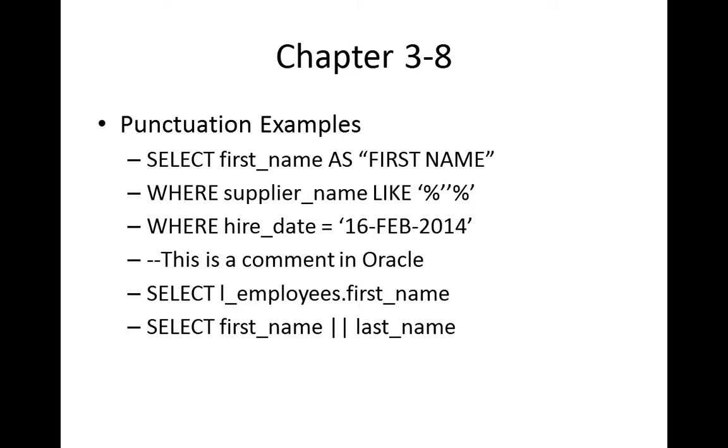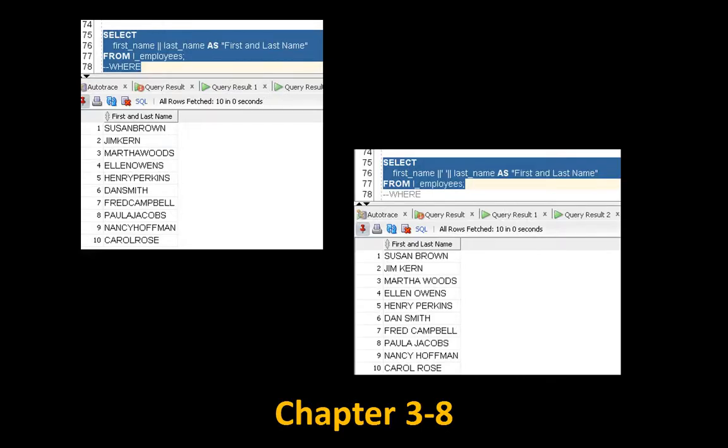And the double pipe means we're going to combine two attributes together when we run our query. That's not an OR. Now, in the query on the left, you can see I put in first name, double pipe, last name as first and last name. Of course, that part's set off in quotation marks.